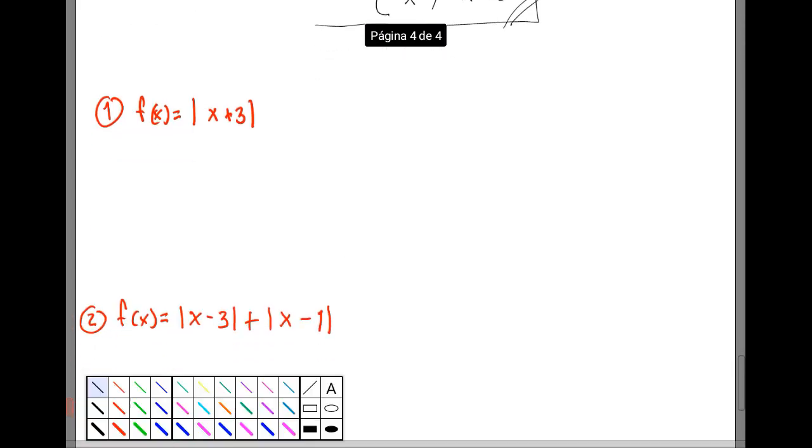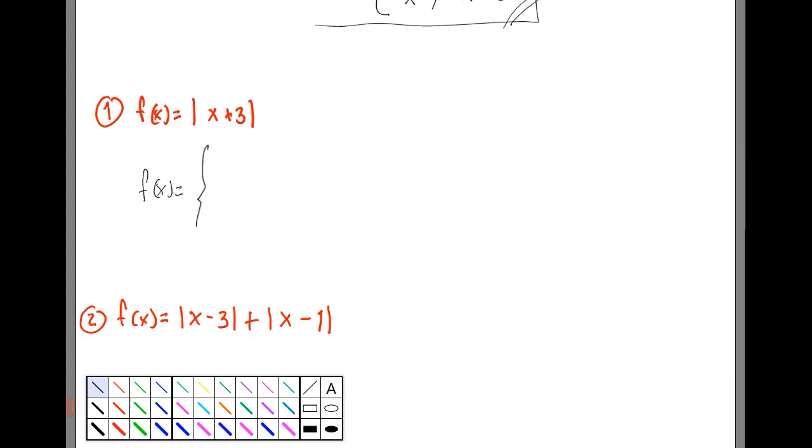Let's try this exercise. f of x equals the absolute value of x plus 3. Again, we can write it as f of x equals, using the piecewise notation, the same when the part inside the absolute value bars, when x plus 3, is positive.